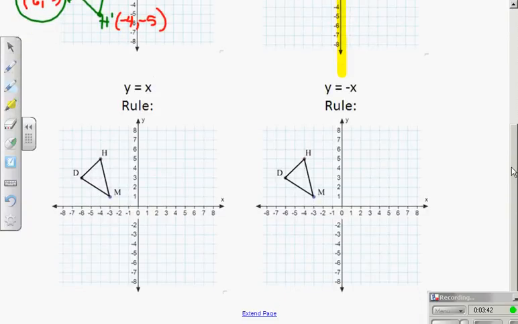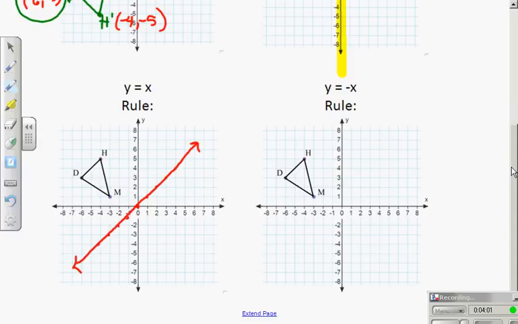Now we can also flip things over y equals x. Now y equals x is that diagonal line that goes through 0, 0 and has a positive slope of 1. So it cuts across like this. So it's a little trickier to envision.